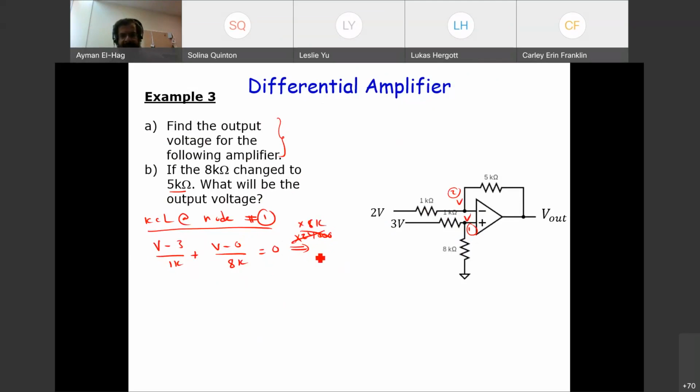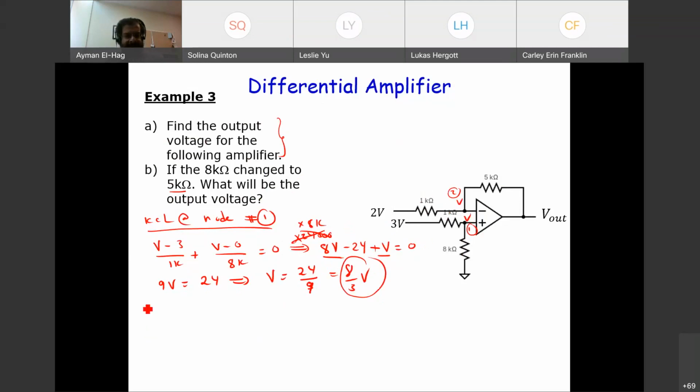So here we will have 8V minus 24 plus V equal to 0. So we will have here 9V equal to 24. So this means that your V is equal to 24 divided by 9. This becomes 8 over 3 volt. So now we know that this voltage is 8 over 3 volt. Then this voltage becomes 8 over 3 volt.